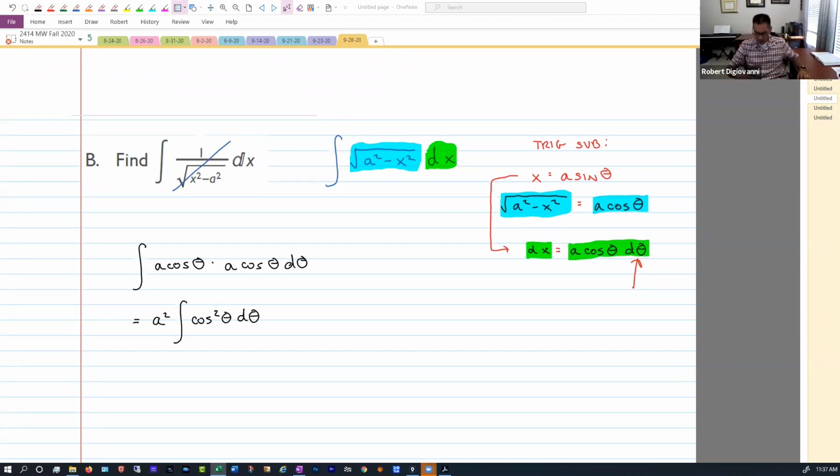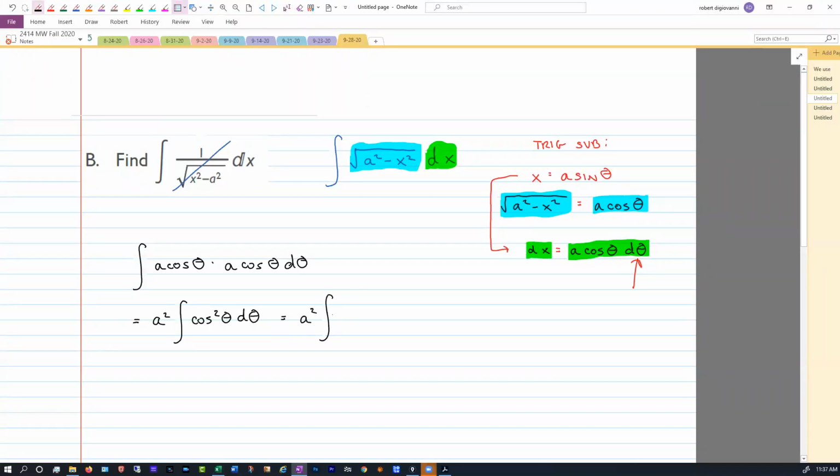All right, so Alex, did you come up with a plan for this one? I was looking at the power reducing. Yeah, power reducing. It's cosine squared, right? We have an even power of cosine. So did you actually write down what this will become? Yeah, it was going to be 1 plus cosine 2u over 2.